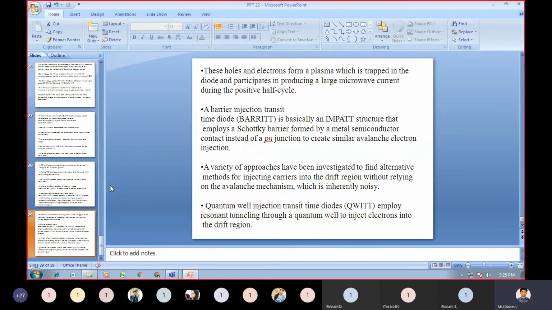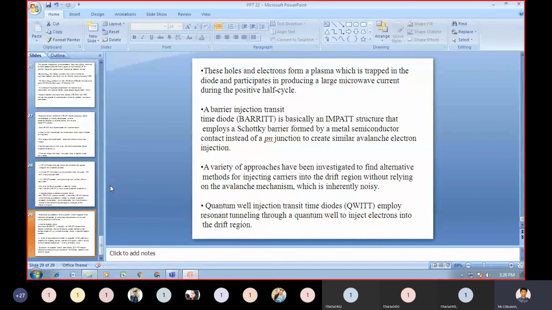We have a barrier injection transit time diode, which means that BARITT is basically an impact structure that employs a Schottky barrier formed by a metal semiconductor contact instead of a PN junction to create similar avalanche electron injection.